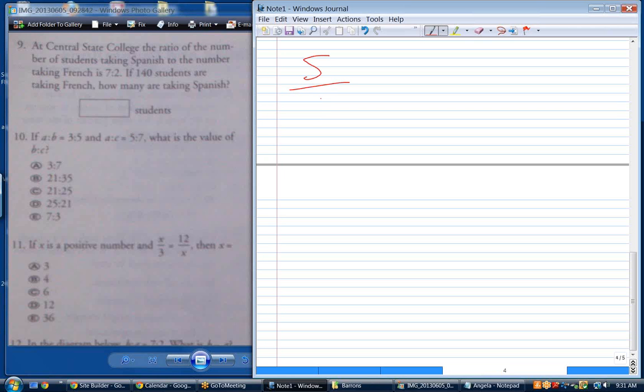We got Spanish to French equals 7 to 2, equals what to what? 140 for the French, and then x on top.